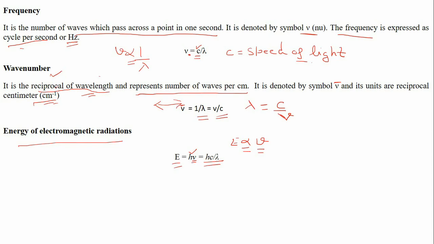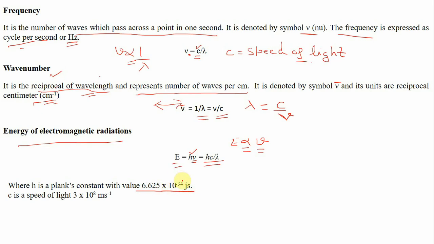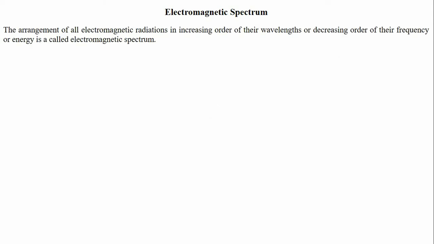So the lesser the wavelength of light, the more the energy. As I already told, h is Planck's constant, and its value is 6.625 times 10 raised to the minus 34 joule second, and c is the speed of light, which is 3 times 10 raised to the 8 meter per second. So these were the few important terms involved in the study of electromagnetic radiation.